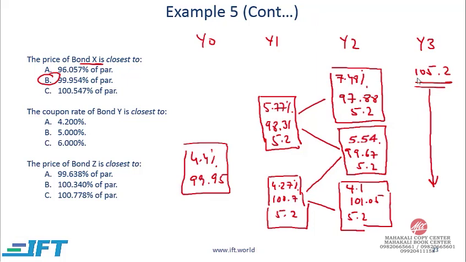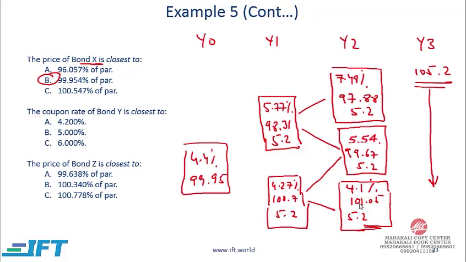We discount 105.2 back at this rate and we get this number, and 5.2 represents the annual coupon. At the bottom node, we have the low interest rate of 4.1%, and when we discount back, we get 101.05.